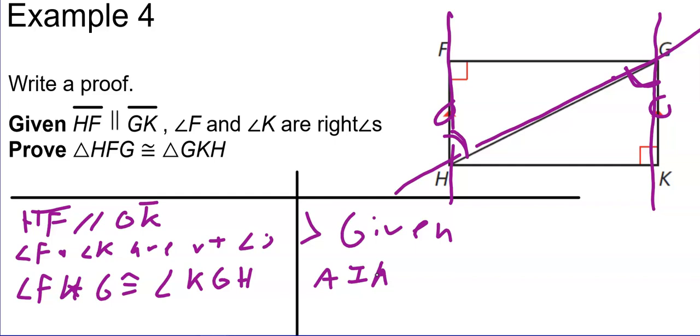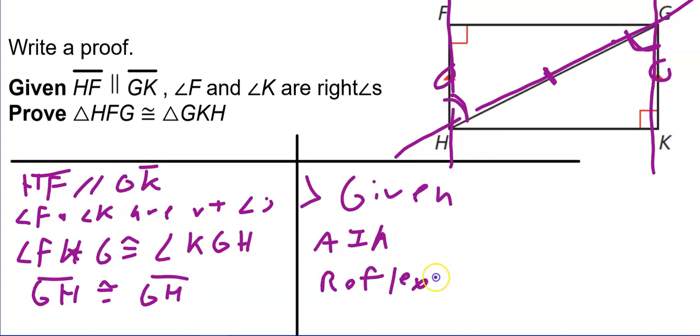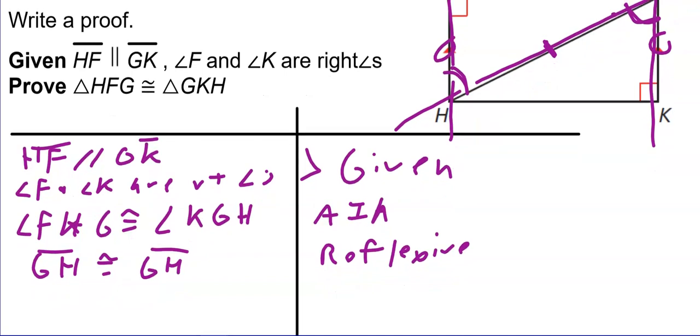Right? Then we know this side is equal to itself always. So we say GH is congruent to GH itself, and that's the reflexive property. And then we're going to say angle K is congruent to angle F. Right angles are congruent.